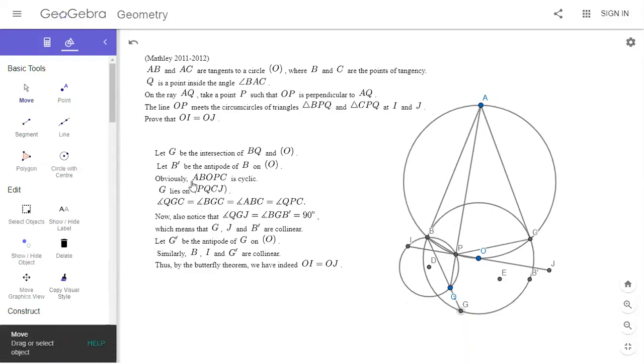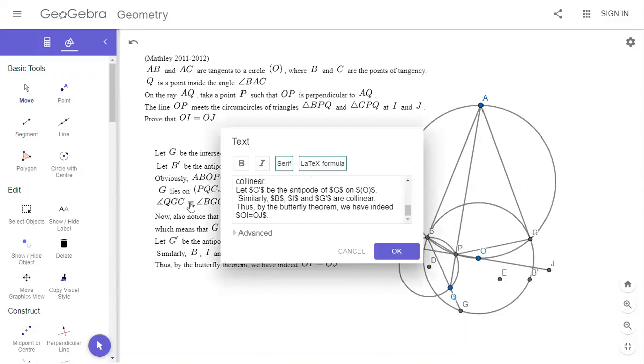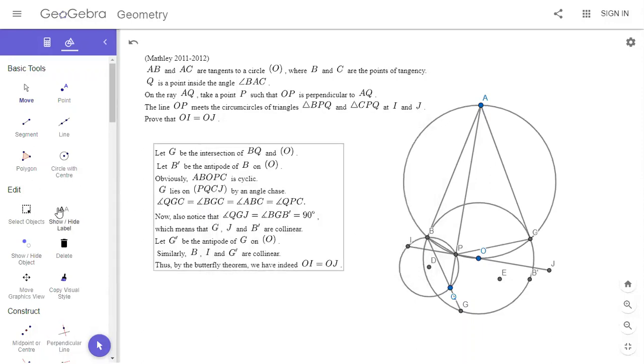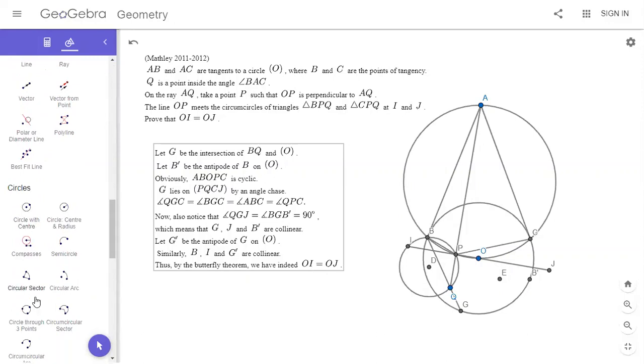So let's say by an angle chase. Okay. And so once we know that, angle QGC equals angle BGC. It's AB. Oh, that is the angle chase, basically.